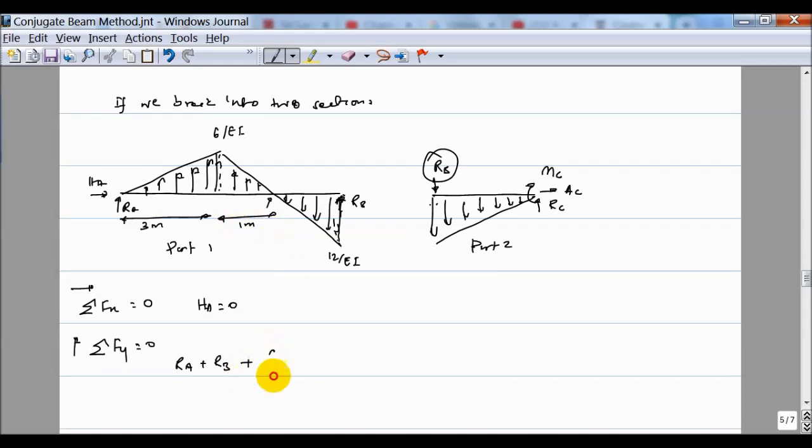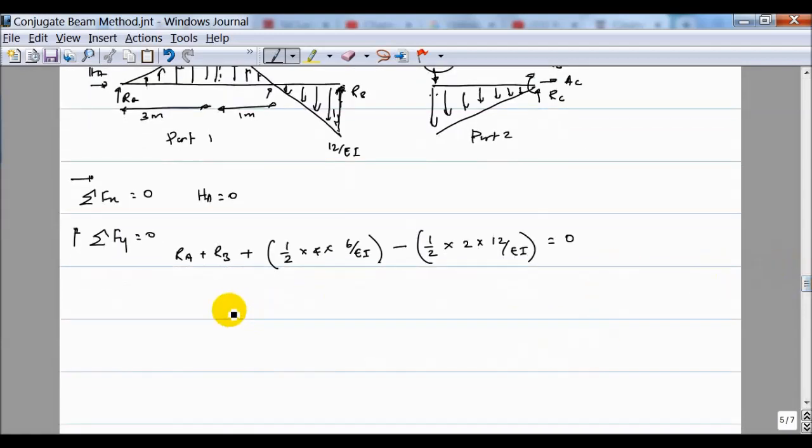So here you have the upward load, half into 4 into 6 over EI, minus half into 2 into 12 over EI, that is the downward load, which is 0.